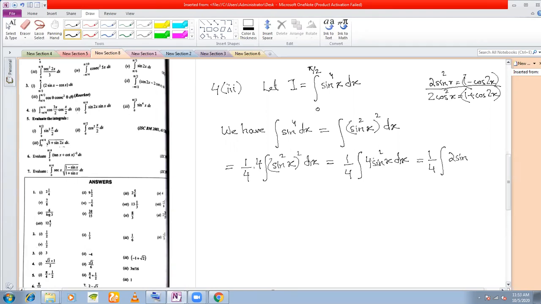This is sine square x squared, so I'll write a square here. So you can write this as 2 sine square x whole square dx.